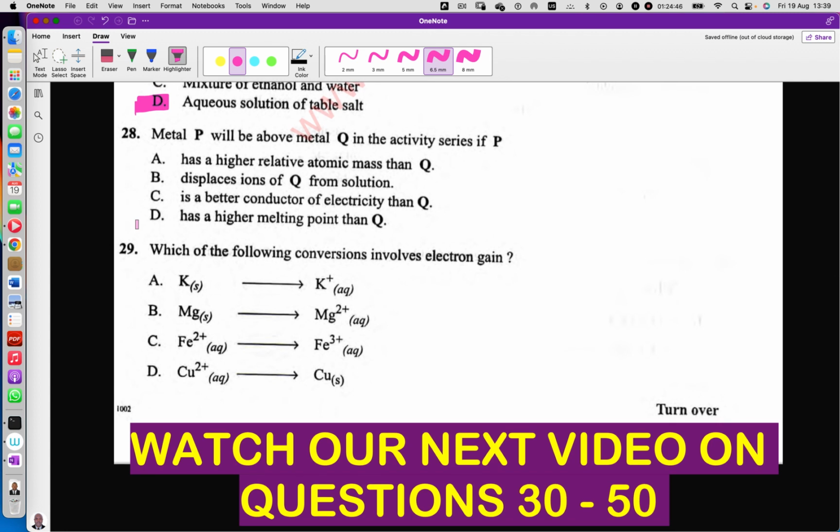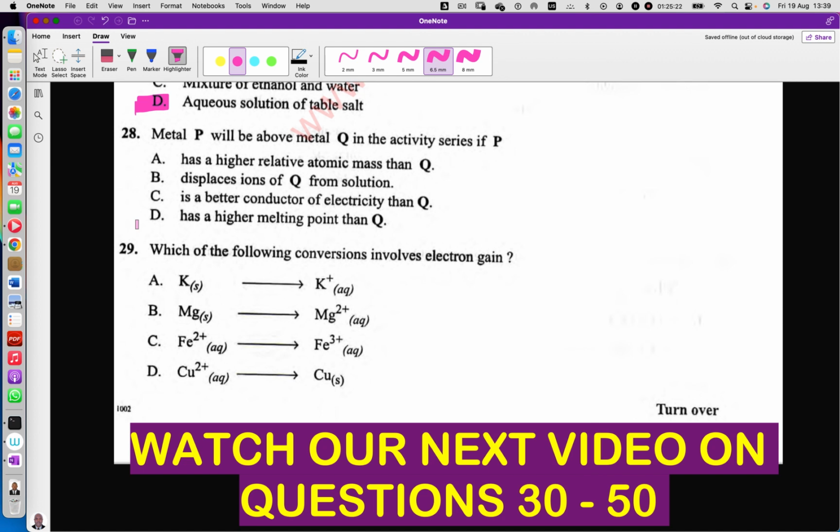Metal P will be above metal Q in the reactivity series if P has a higher relative atomic mass than Q? No. If P displaces ions of Q from solution, exactly.